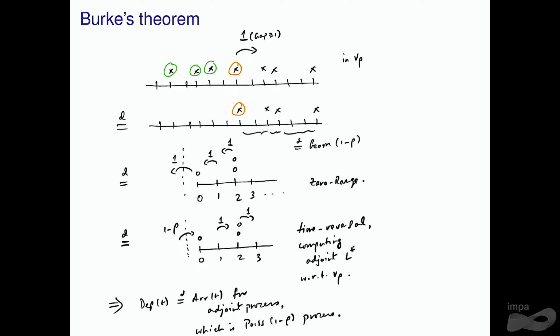Did I say that correctly? Okay, so that would be geometric 1 minus rho. There are many definitions of being geometric, but I think it's clear what I'm saying.